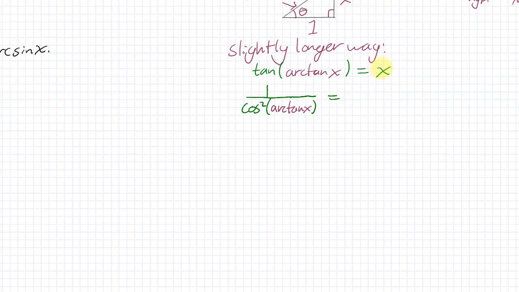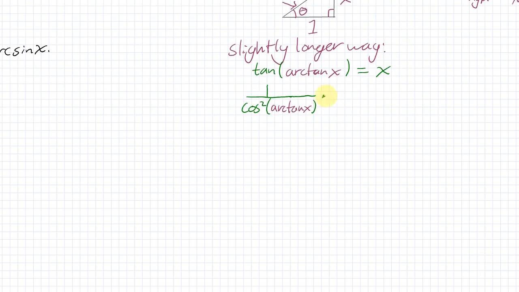And then we still have to use the chain rule here. This section really is still about the chain rule. We need to multiply this by the derivative of arctangent of x, and that should be equal to the derivative of the right side, which is just 1. So that's the differentiating both sides step.